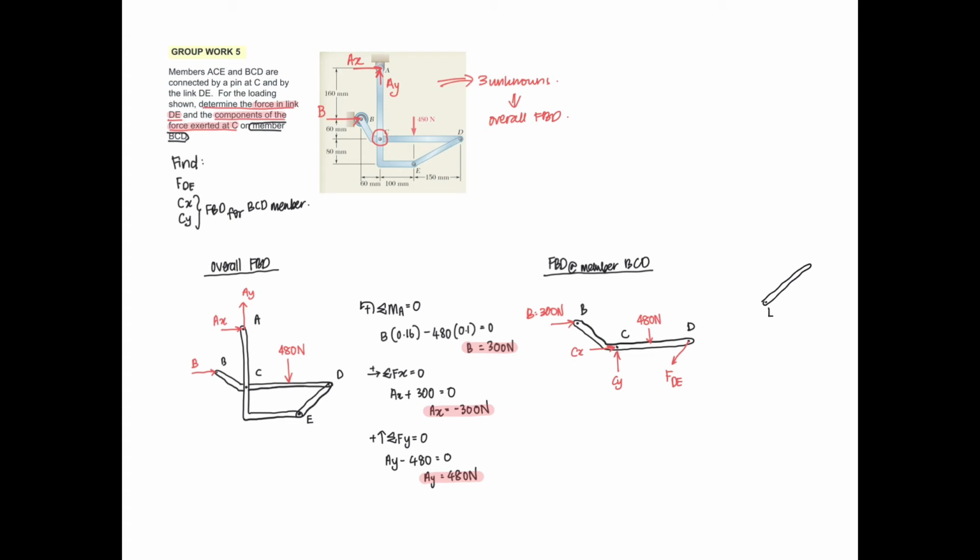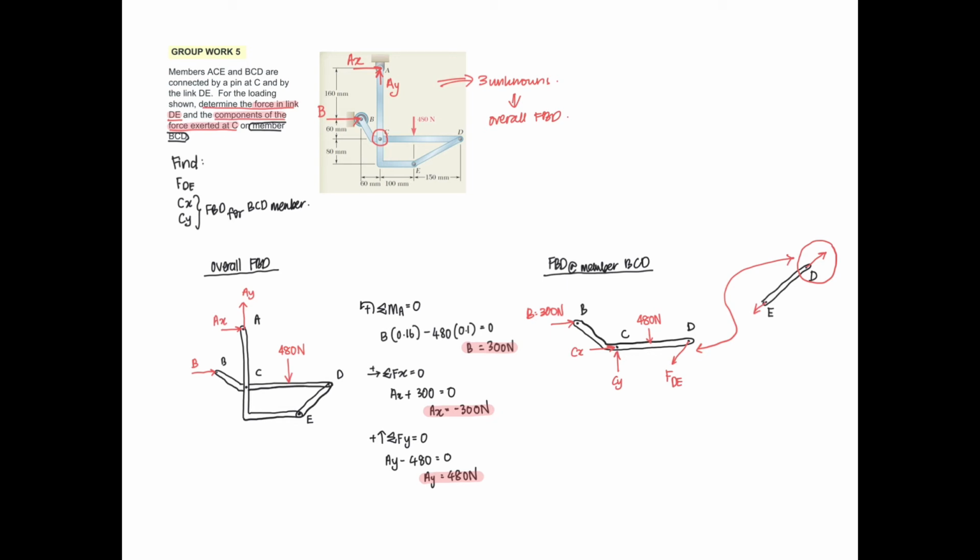So this is point E and this is point D. Again we have to assume that the force is in tension, right? So since this one is pointing upward, this one should be in the opposite way, right? By applying Newton's third law, action and reaction. So we have to make sure this one, right?